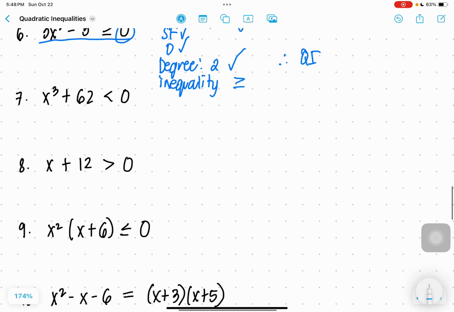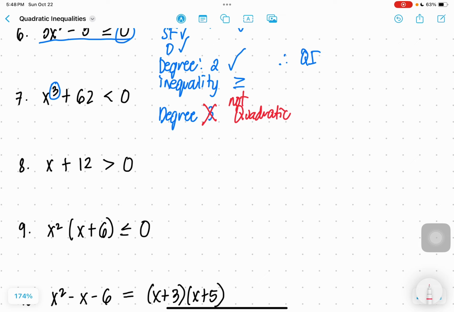Number 7, ano una natin makita kay number 7? x cubed. So, x cubed, ang degree niya ay 3. Therefore, pag 3 yan, hindi po siya quadratic, no? Not quadratic.